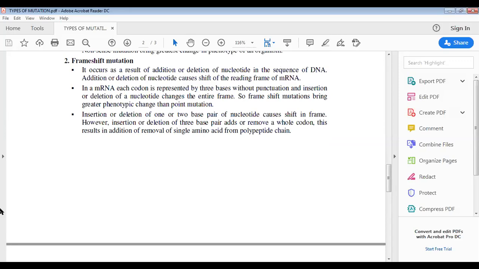So now the reading changes. Suppose it is AAC and you are adding CAG, so now it reads AAC, CAG. But if you add only CA, then it becomes AAC or it can also read CAC.